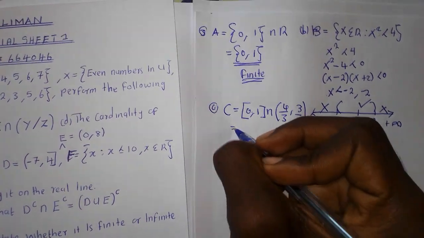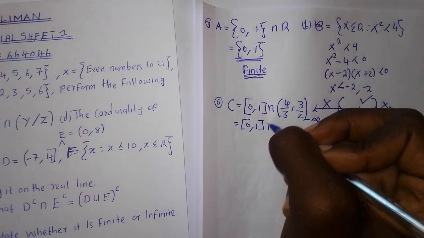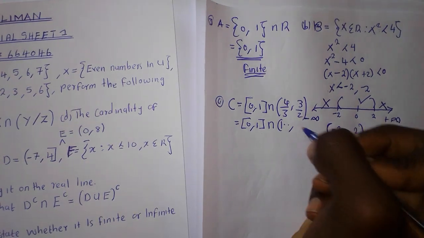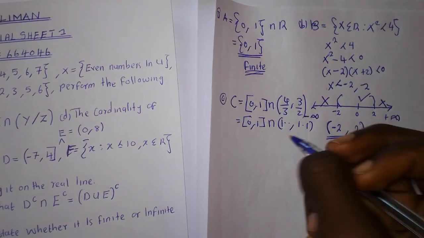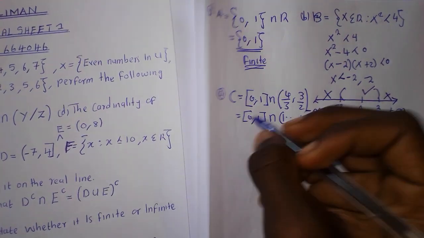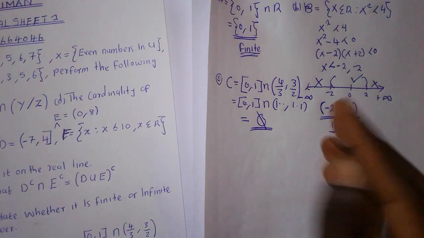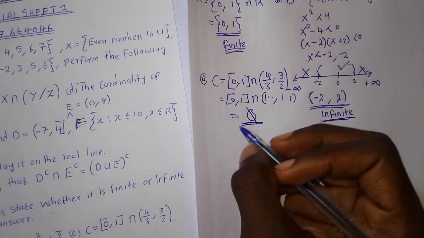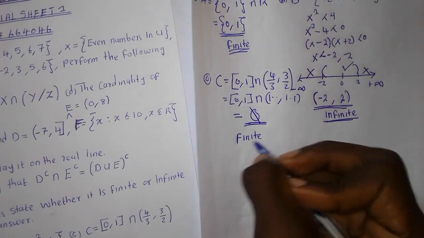So now we know that 0, 1 intersection, if we divide this, we will find 1 point something. But we don't have any 1 point something in here. Therefore, this is going to be an empty set. But then I taught in my previous video that an empty set is also known to be finite. Therefore, this is finite.